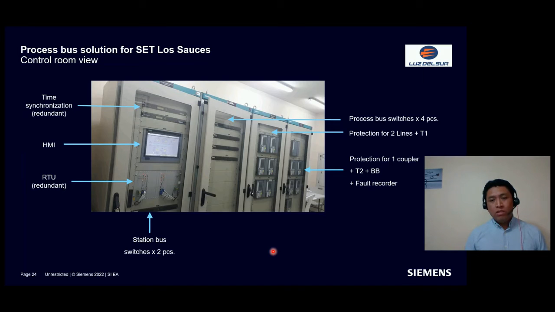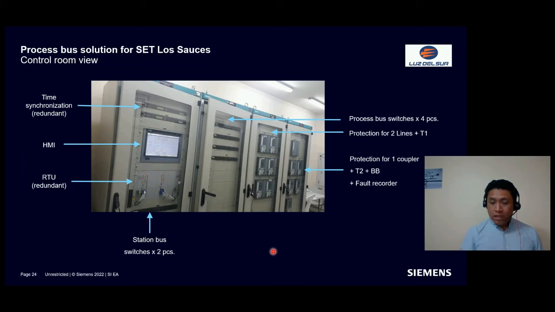Take a look at the picture, and starting from the left side, you can see the substation automation cabinet, which contains, for example, the time synchronization, the grandmaster clock, the redundant RTU, and the SCADA as an HMI. And in the bottom side, we have two switches for the station bus network.